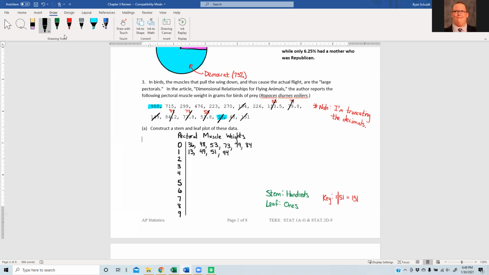Now let's move on to the 2s. So 226, 223. So 223 is my lowest. Then 226, 270, and then 299.